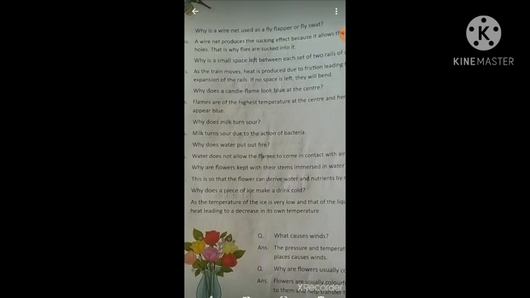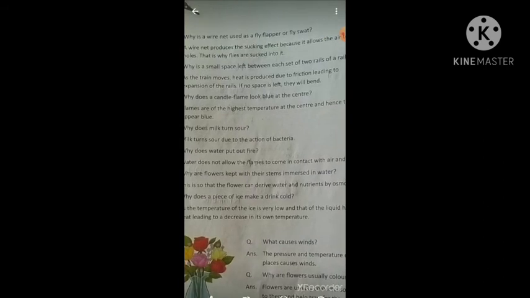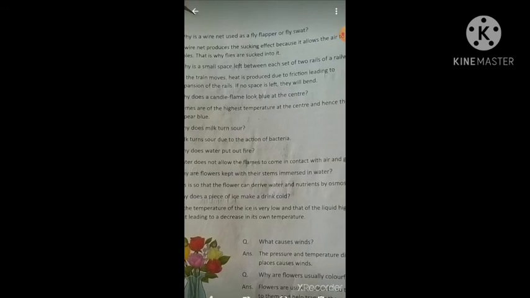See the picture here. That container contains water, and because of that, the stem absorbs water and nutrients by a process known as osmosis, and as a result, the flower seems fresh.